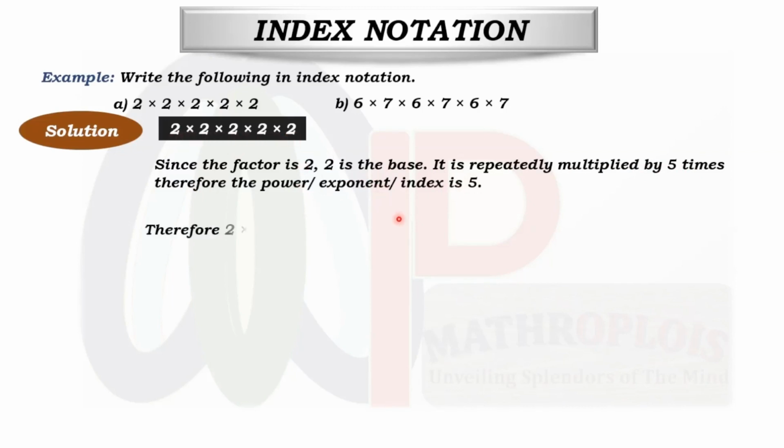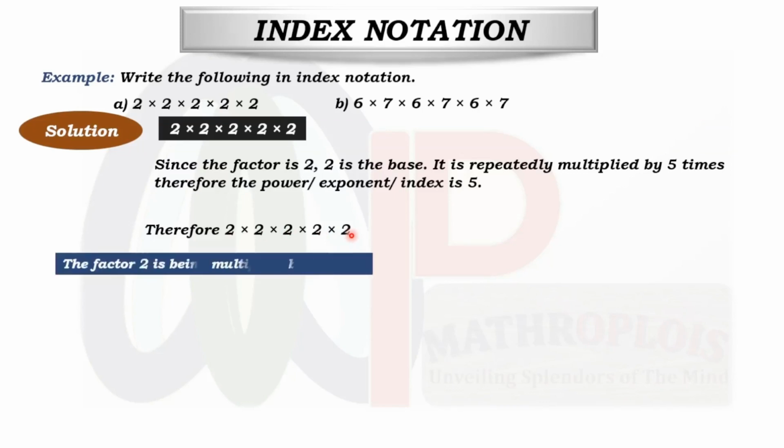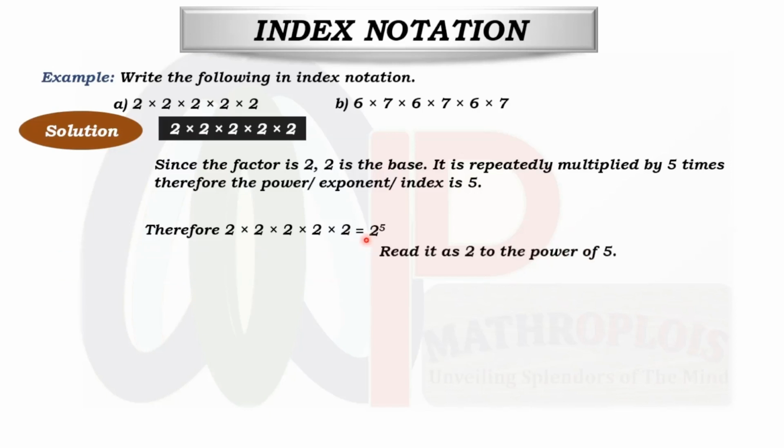So 2 multiplied by second 2, multiplied by third 2, multiplied by fourth 2, multiplied by fifth 2. The factor 2 is being multiplied 5 times, so it equals 2 to the power of 5.